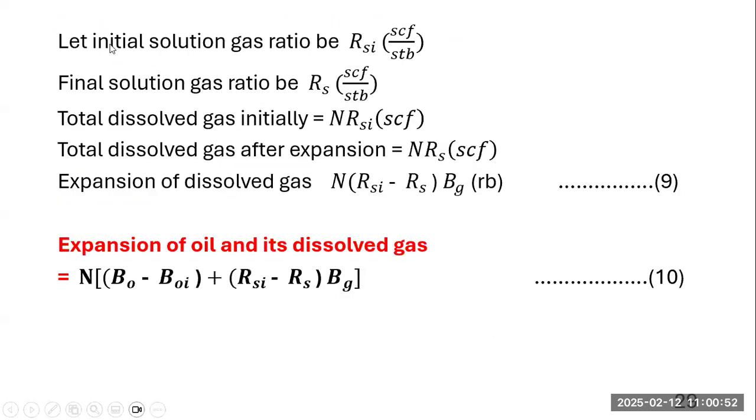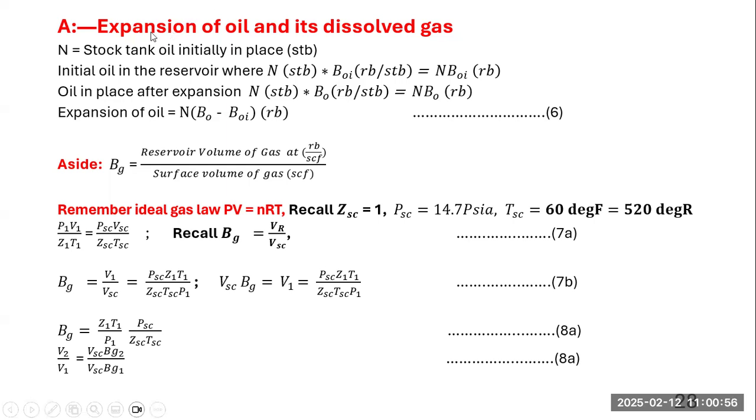Okay, so let's look at the initial gas oil ratio. You remember that we are looking at A, expansion of oil and dissolved gas. We have looked at the expansion of oil, and then we want to look at the expansion of the dissolved gas. We started by looking at how our BG is connected to our gas law.